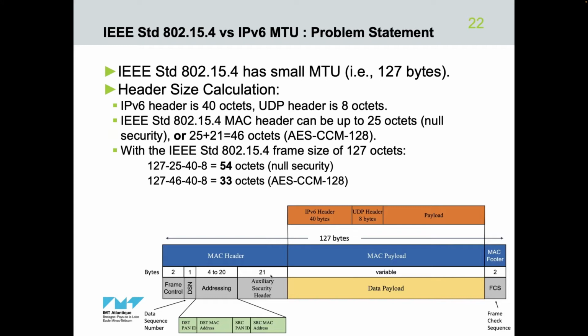As a result, there are either 54 bytes left for the payload when security is not considered, or 33 bytes when security is considered.